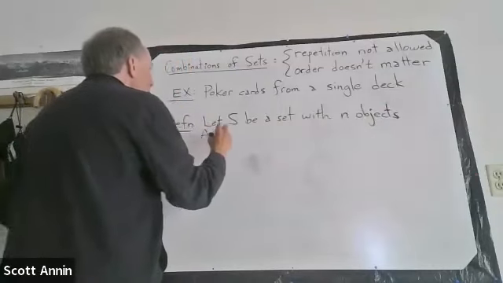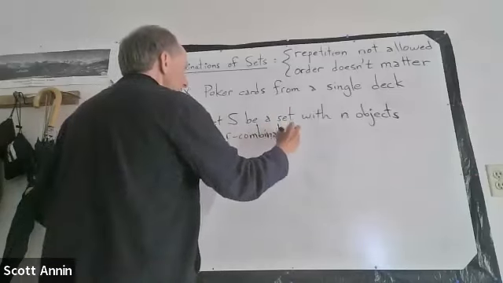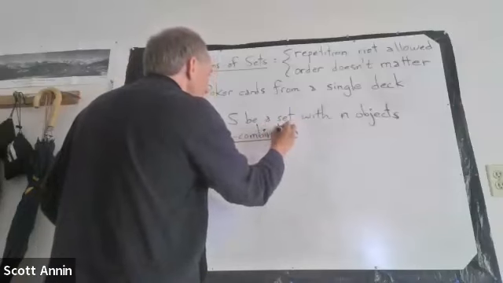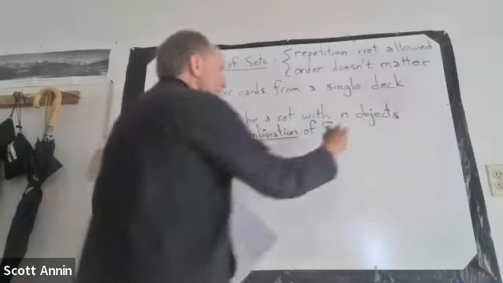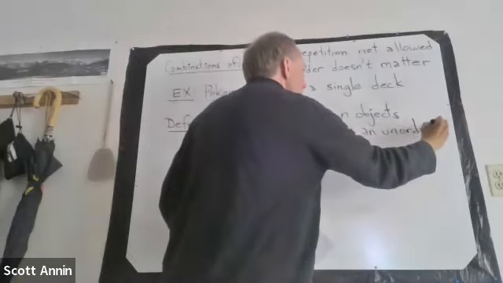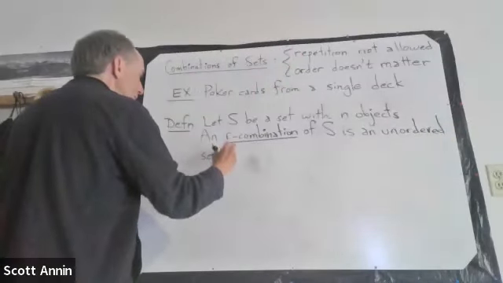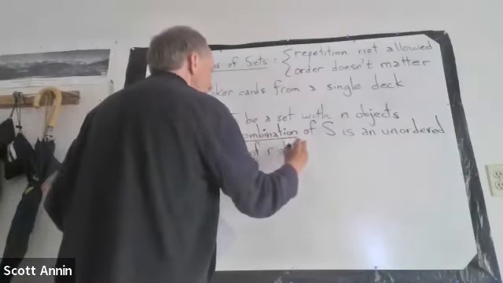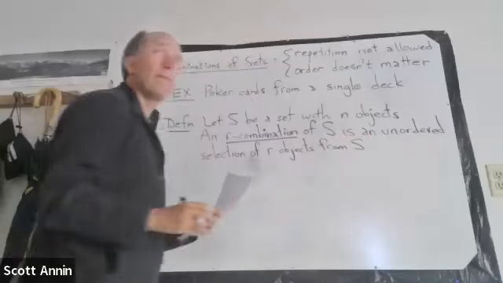And an r-combination, this is the word I'm defining, of S is an unordered selection of r objects from S. Okay?